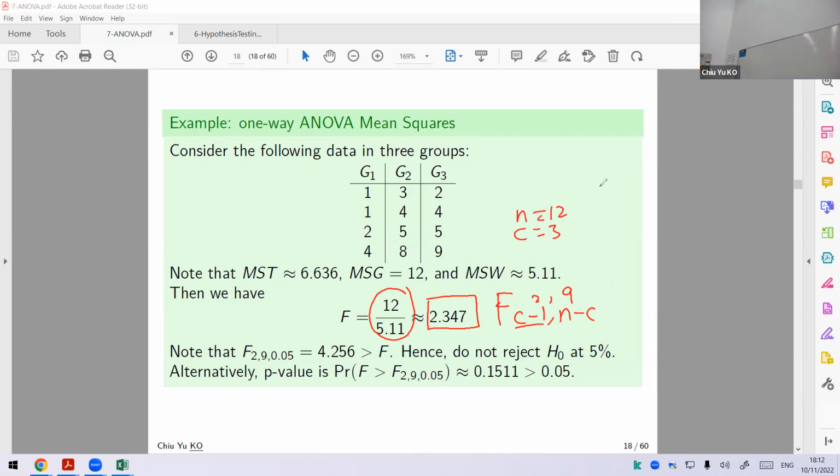And you can easily see how we can get the F value.